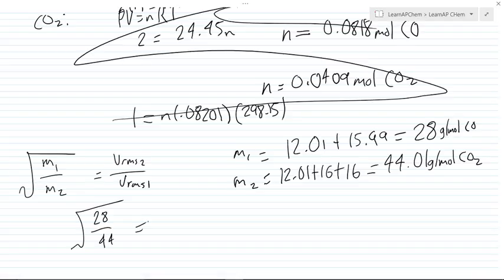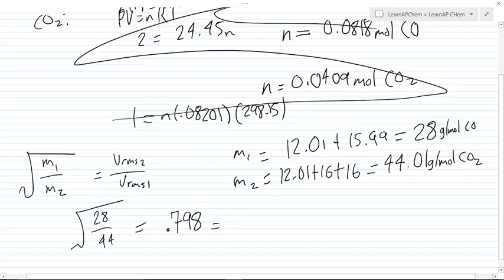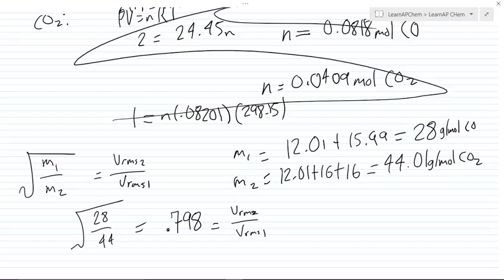So 28 over 44 square root is going to come out to 0.798. So what this is saying is that VRMS2 over VRMS1 equals 0.798. So let's think about this.